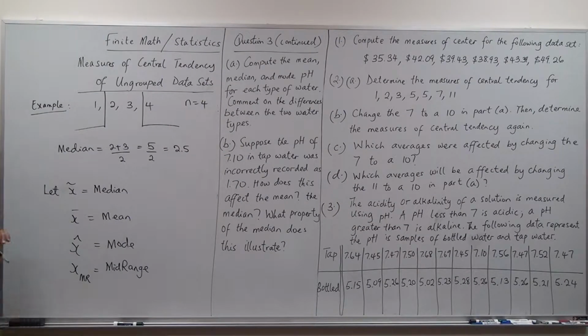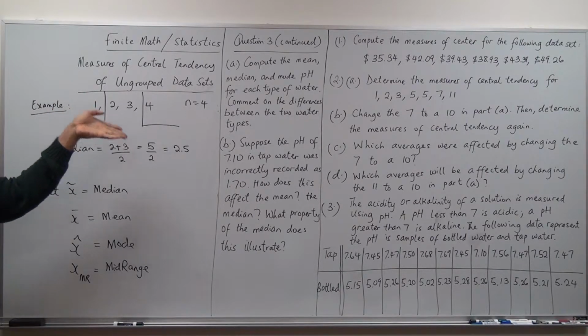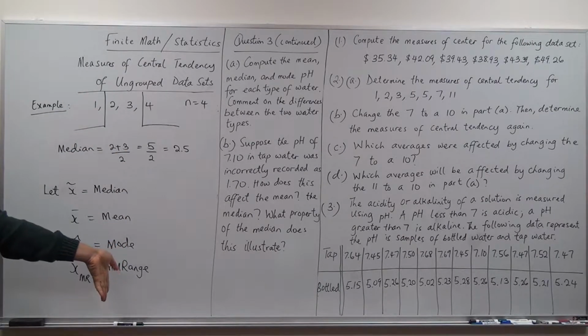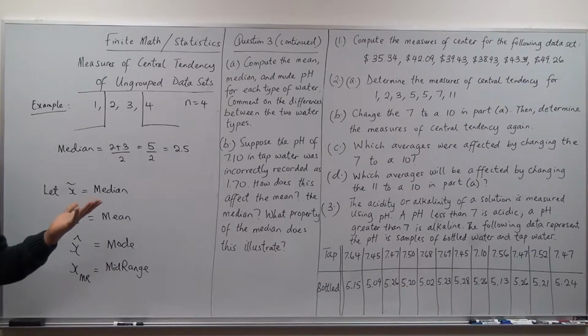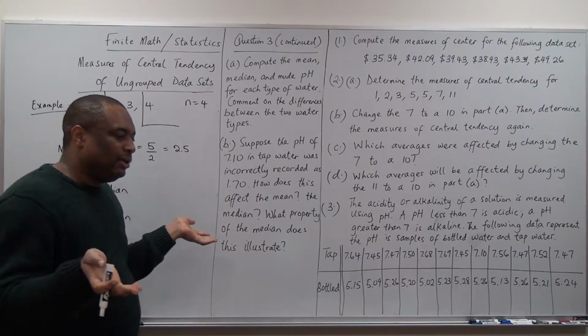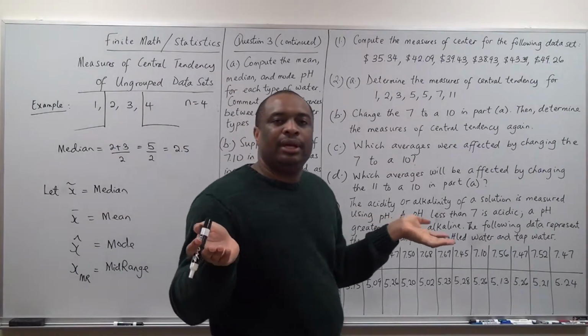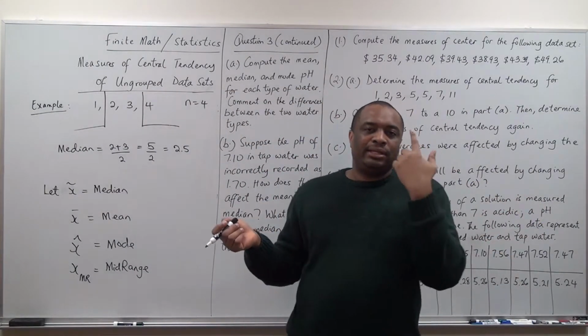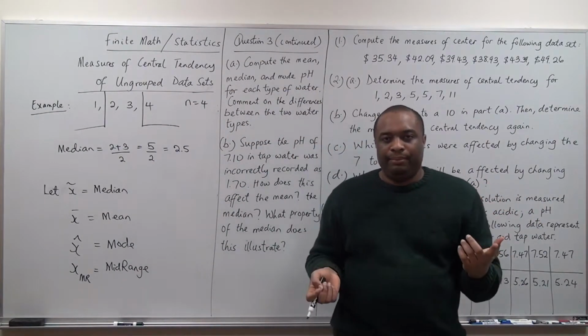When we have these 2 values, then the median becomes the mean of the 2 values in the middle. But if the number of the data set values is odd, then the median is only a single value in the middle.